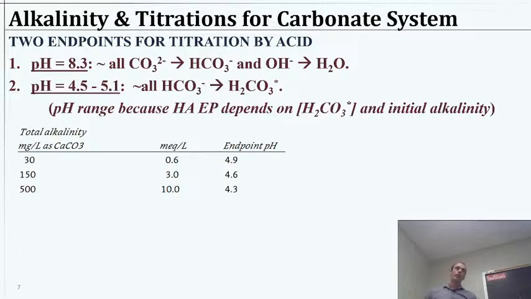So with carbonate, we often titrate with an acid. We often might start with a basic condition and add acid until we've driven all of it to dissolved CO2, because alkalinity is acid neutralization capacity. That's one way to understand it.